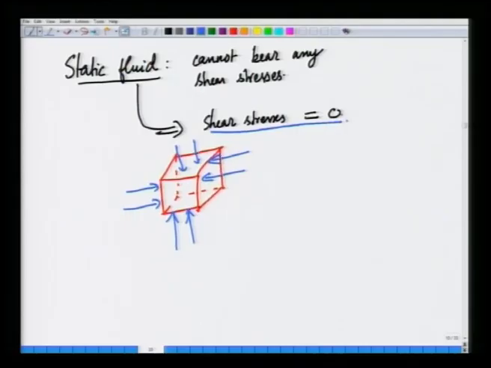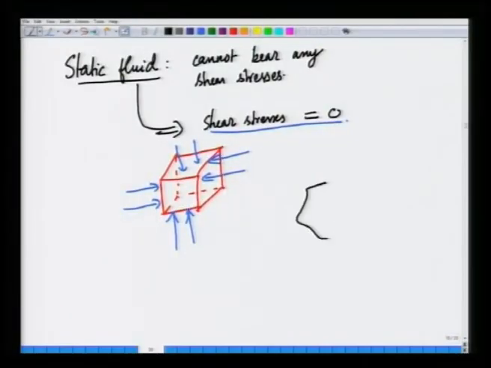Now, the result that shear stresses are 0 and the force is acting purely normal to the surfaces holds for any arbitrary volume. Suppose I take a very arbitrary volume. This is a 3-dimensional volume, but I can draw only a 2D sketch of it. The force is always in the direction of the normal for any arbitrary volume element in a static fluid.